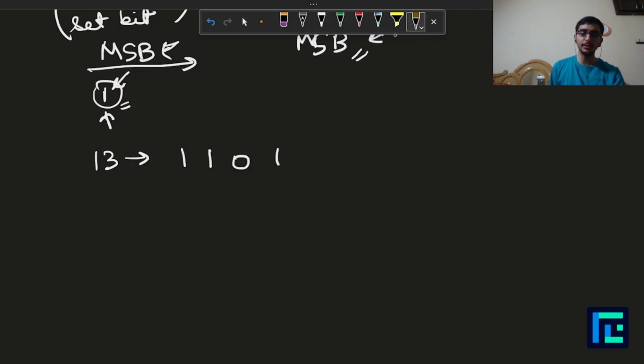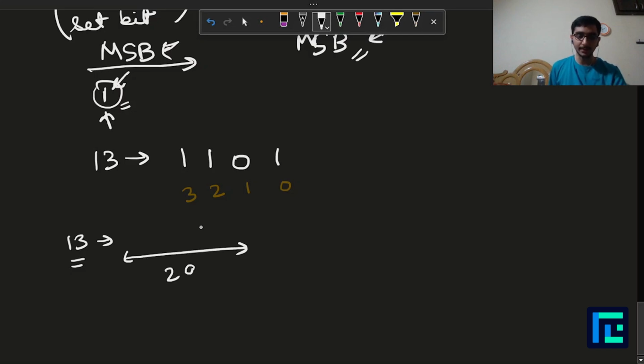We index it from right to left. So this is the 0th bit, this is the first bit, this is the second bit, this is the third bit, right? So even if I write 13 as a 32-bit number, these 29 bits, I think, would be 0.